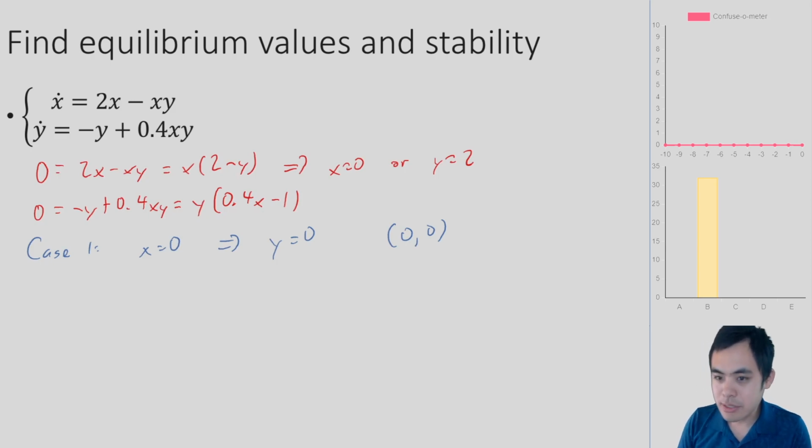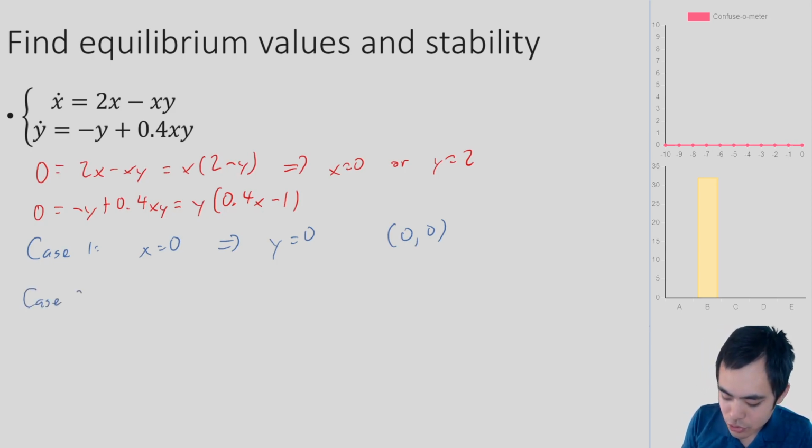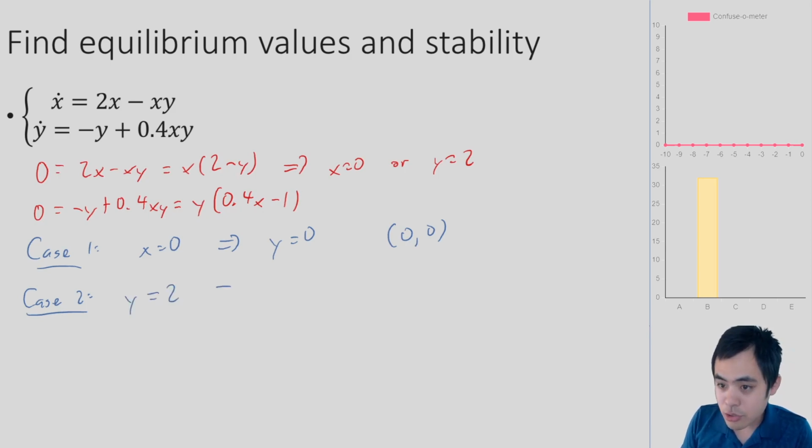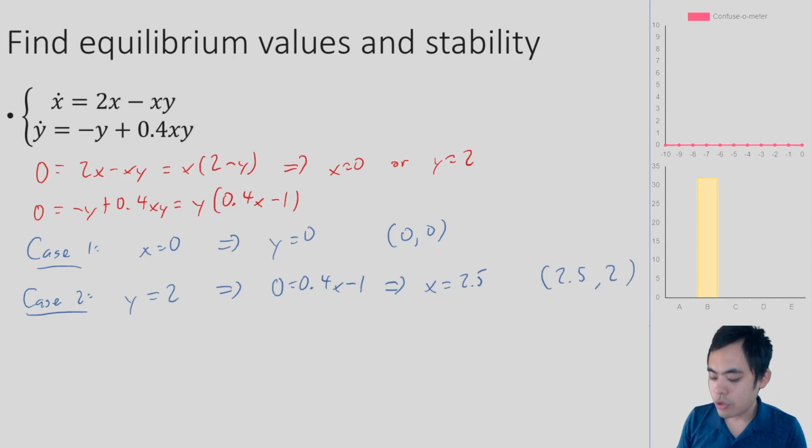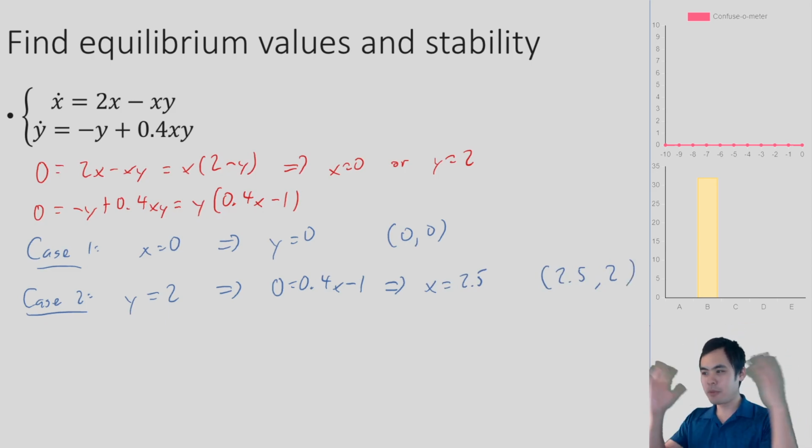The other case is a little bit more interesting. So case 2 is going to be the case where y = 2. And it turns out that when you solve this, you get 0 = 0.4x - 1, which implies x = 2.5. So you have this other equilibrium point where you have 2.5 deer. I mean, these numbers are all dimensionless. So you have some amount of deer and some amount of wolves, and there is an equilibrium.